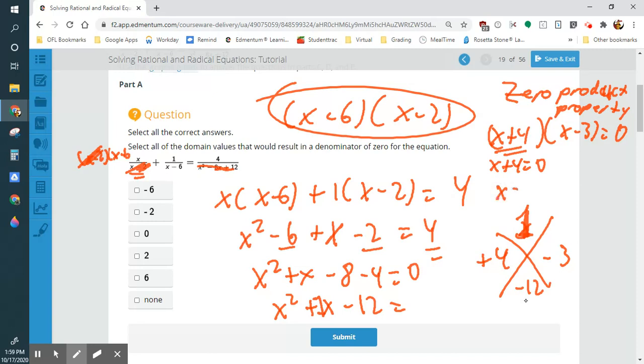So that means x has to equal -4. And if I do this here, I'm going to end up getting x minus 3 equals 0. So that means x equals 3. So I have two answers, -4 and positive 3. Now, if we look here, something interesting happens.